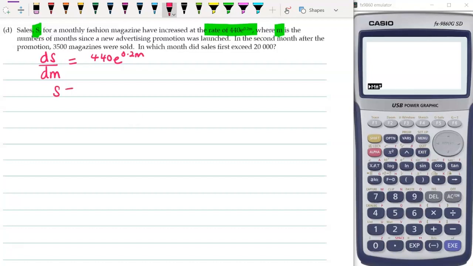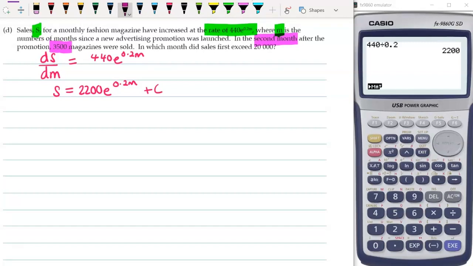So now we can integrate to get a function of S. So this will be e to the 0.2m, divide the 440 by that 0.2 to do reverse chain rule, and then plus C.